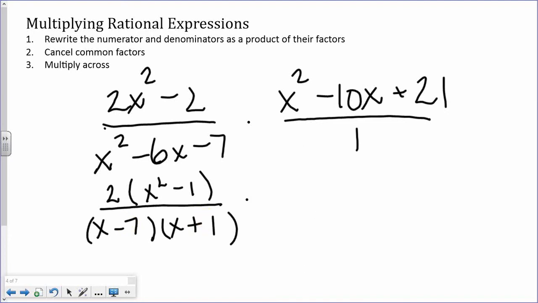If you forget how to factor a trinomial, it might be a good idea to go back and watch the videos from topic 2 in the first marking period on factoring trinomials. So now I'm going to factor my second one. They have to multiply to 21 and add to be negative 10, so that would be negative 7 and negative 3.